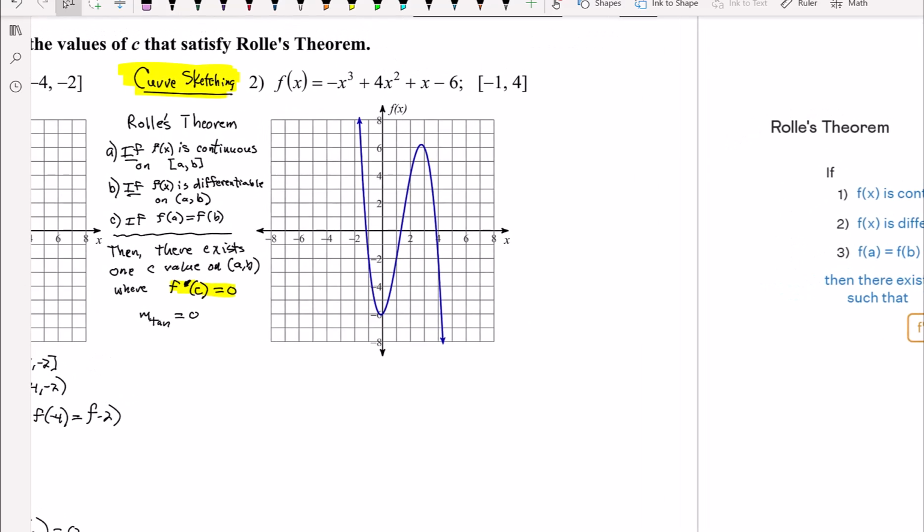So on the interval -1 to 4, yep, the graph is continuous. I'm going to let you plot this. It's continuous, so I'll just put this on. If it's continuous on that closed interval, then it's differentiable on the open interval.